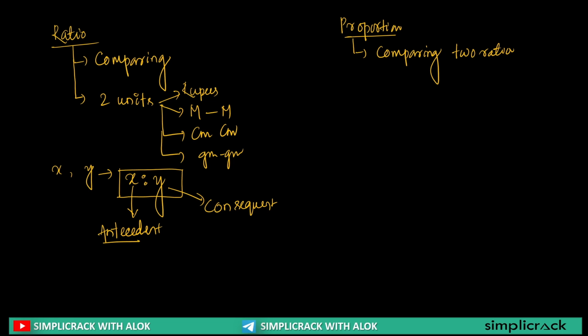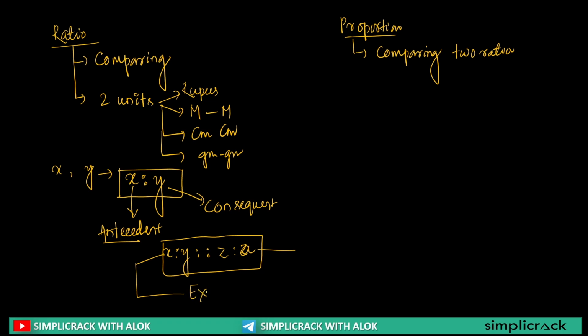Now for example, in some cases you will see x is to y is to z is to a. In this scenario, as we all know, x and a are in the extreme positions, right?